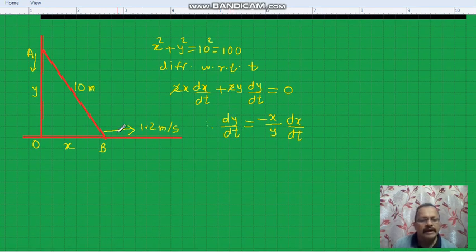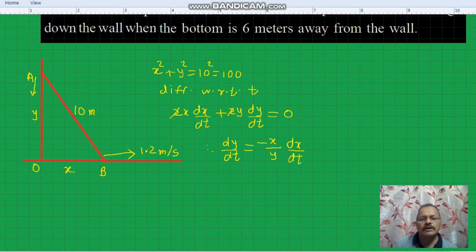Here x is changing at the rate 1.2 meter per second, and also we want the rate when the bottom is 6 meters away from the wall, that is when x is equal to 6 meter.